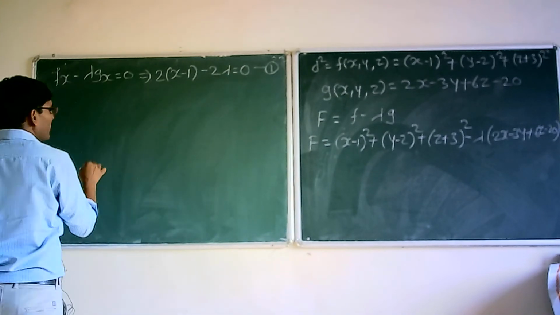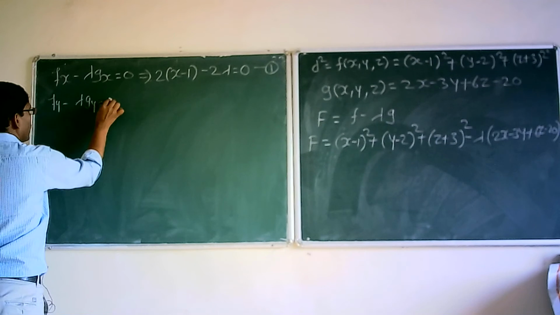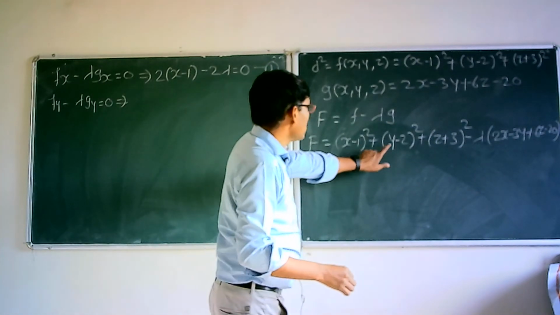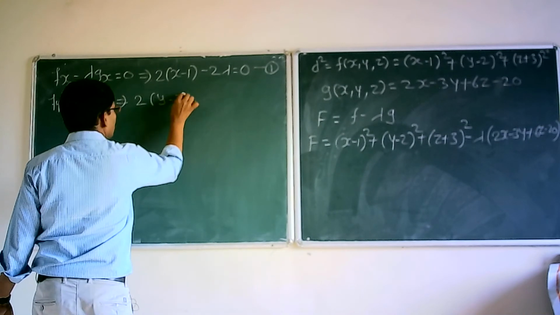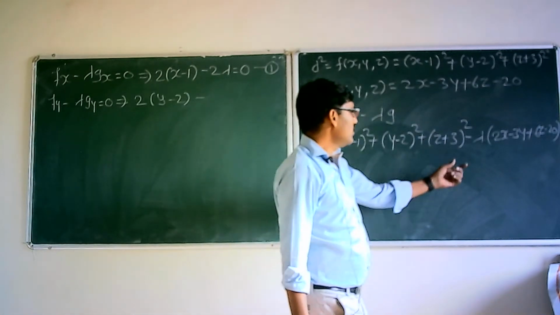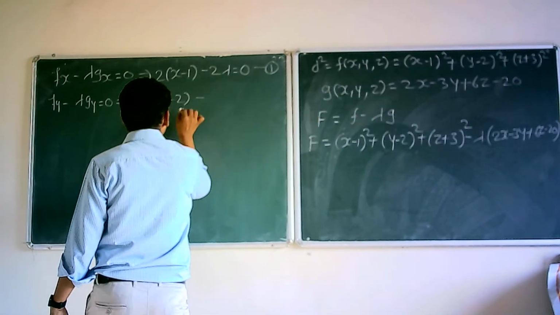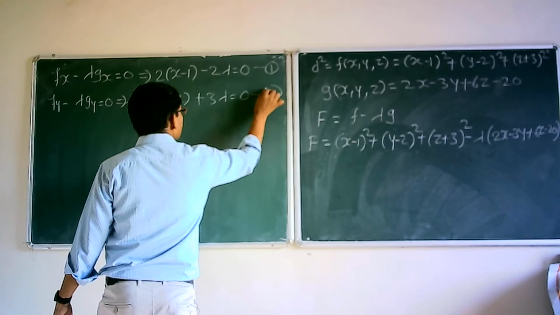Then what is the second equation? f of y minus lambda g of y equal to 0. This implies the derivative of this term with respect to y, 2 times y minus 2, minus the derivative with respect to y is what? 3 lambda. So minus minus becomes plus, 3 lambda is equal to 0. So this is equation number 2.